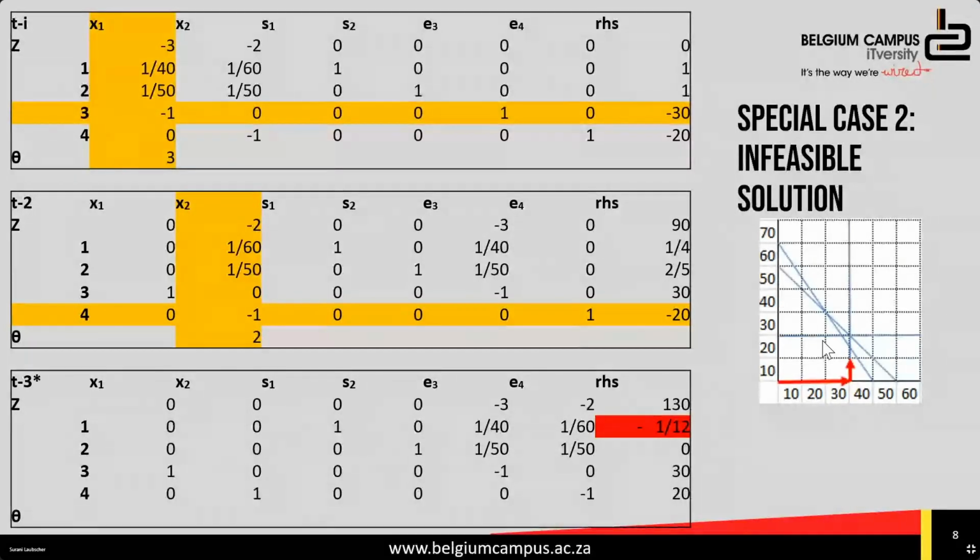Isn't it when you got your final table and you can't pivot anymore, you have a negative answer in your ratio test? Close. Right-hand side for what? For your Z function. What do you have in two-phase that you don't have anywhere else? W. W, there we go.